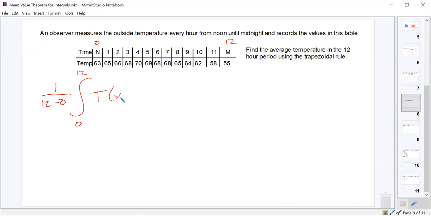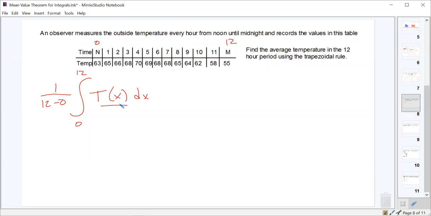We'll call it capital T of x. True? Everyone would agree with that? I hope. Yes, no, maybe? Yeah. Okay, cool.